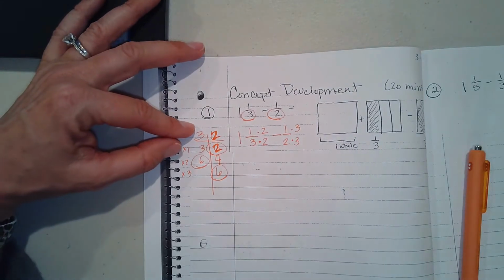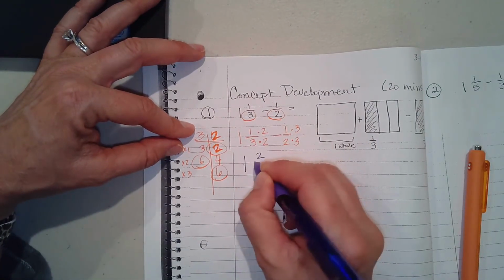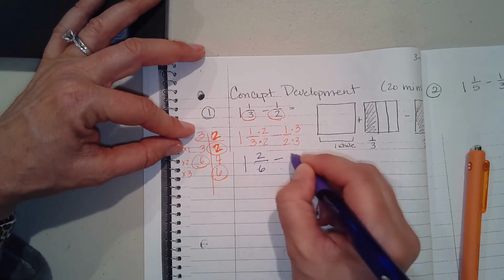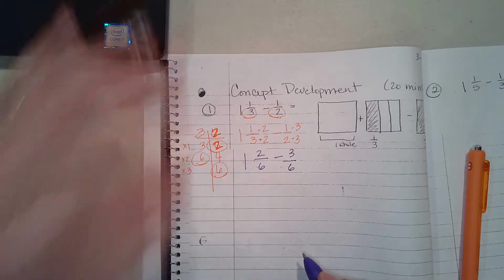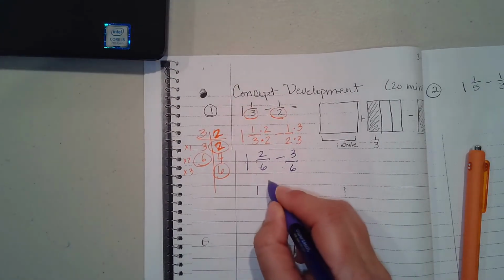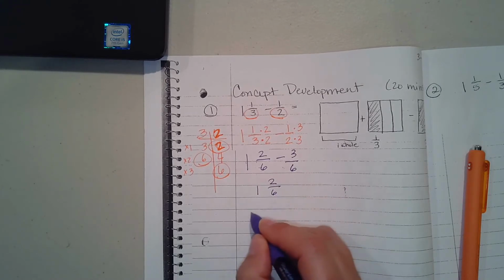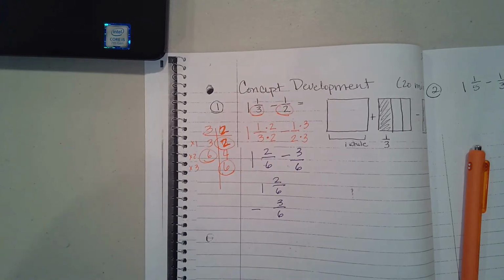So now I have 1 and 2/6, subtract 3/6. Now wait a minute. If I were to stack these problems, 1 and 2/6 over 3/6, we kind of have a problem.